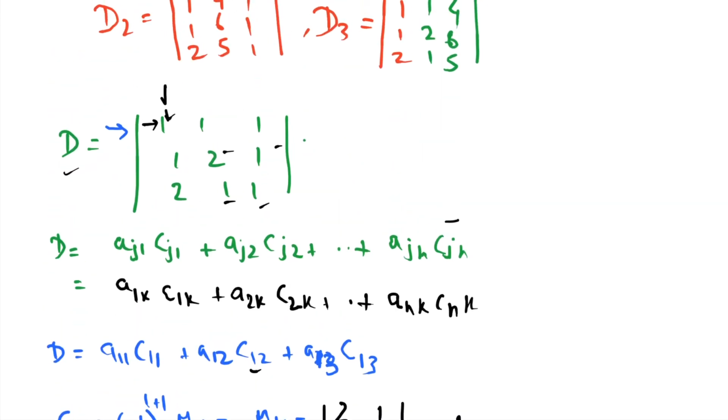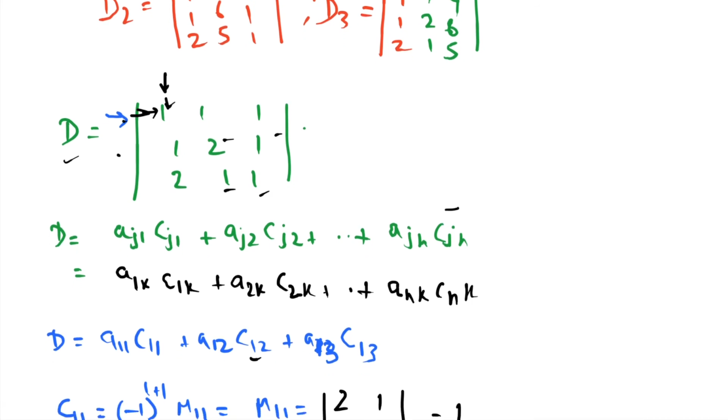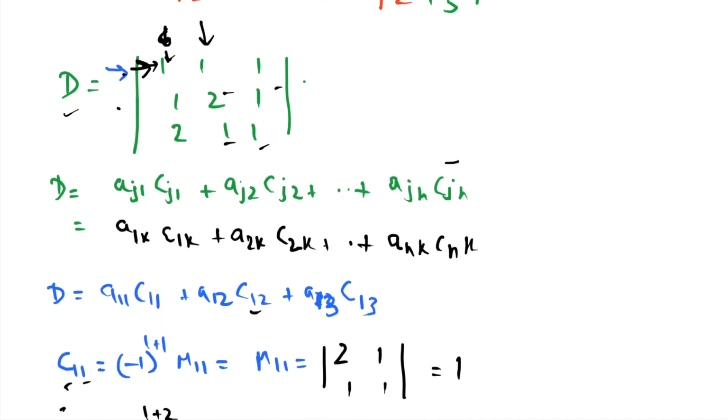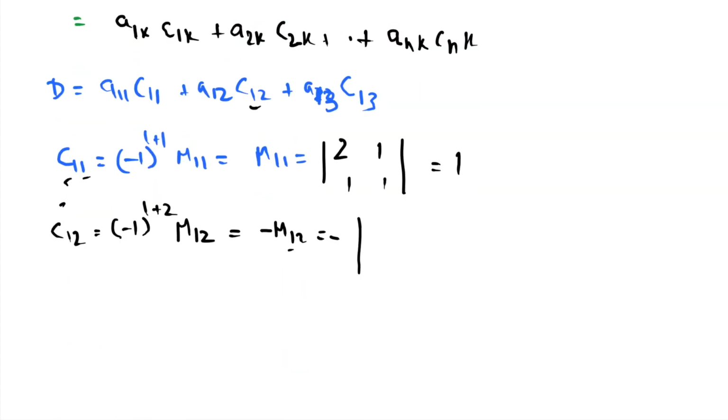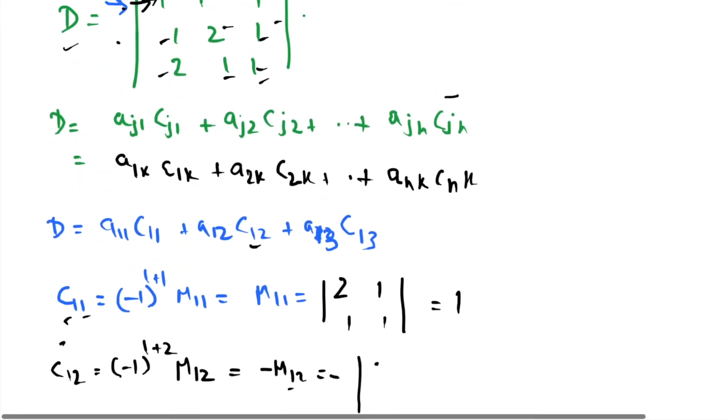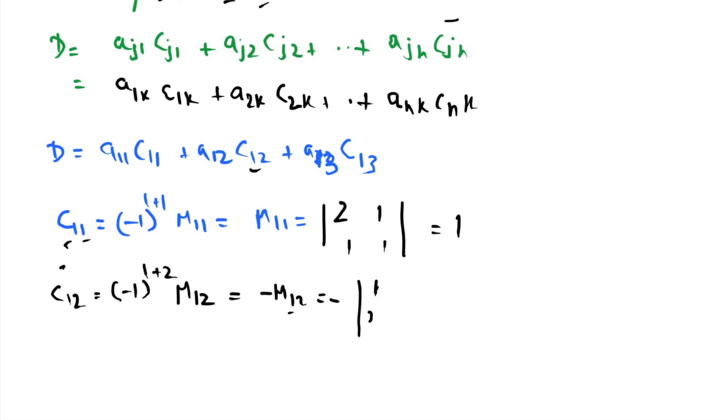So now you will consider 1 2, 1 1. Yes, 1 2 and 1 1. And this will be equal to 1 again.